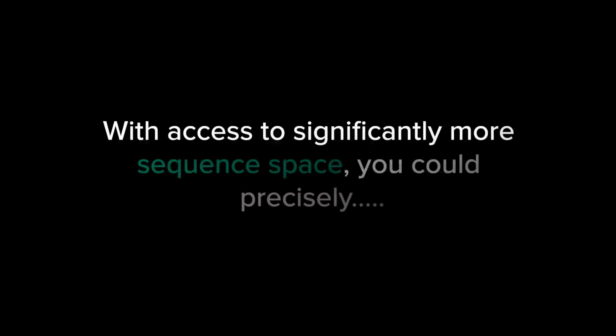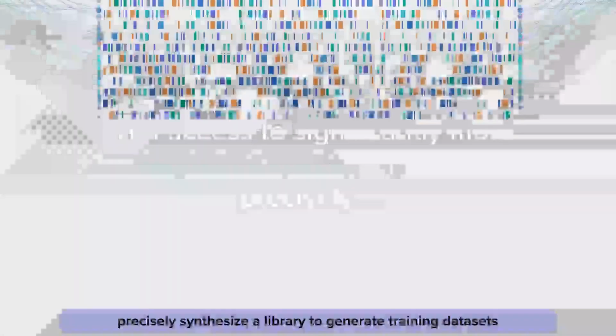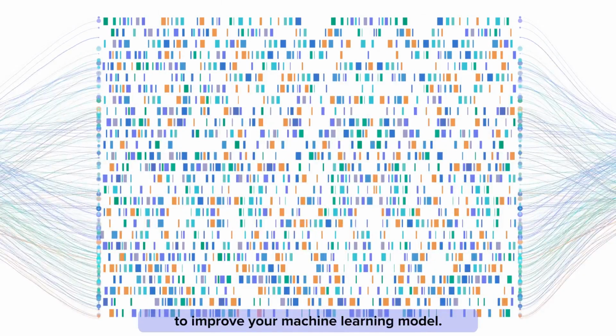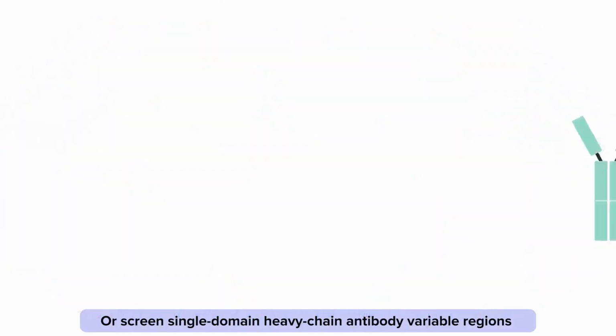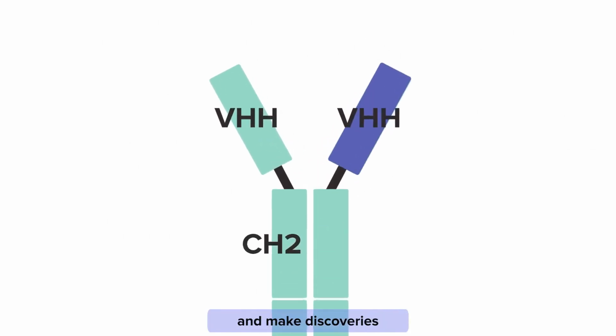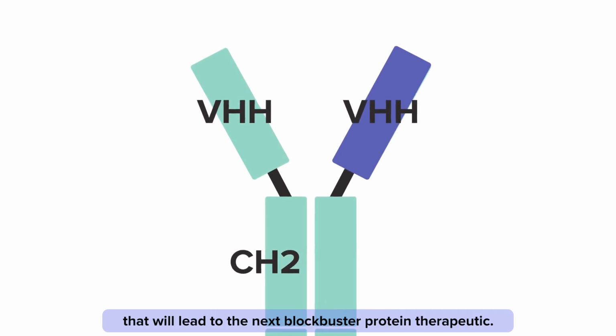With access to significantly more sequence space, you could precisely synthesize a library to generate training datasets to improve your machine learning model, or screen single-domain heavy-chain antibody variable regions and make discoveries that will lead to the next blockbuster protein therapeutic. So, what will you do with significantly more sequence space?